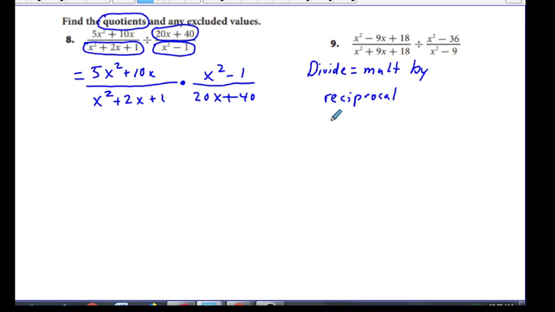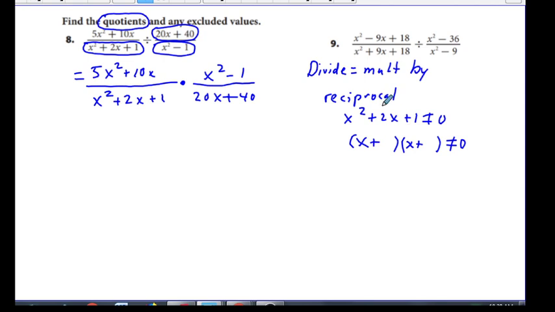So the first one we're going to take is x squared plus 2x plus 1 cannot equal 0. And what are the factors of that? Well, they're going to be x and x, and they're all pluses.